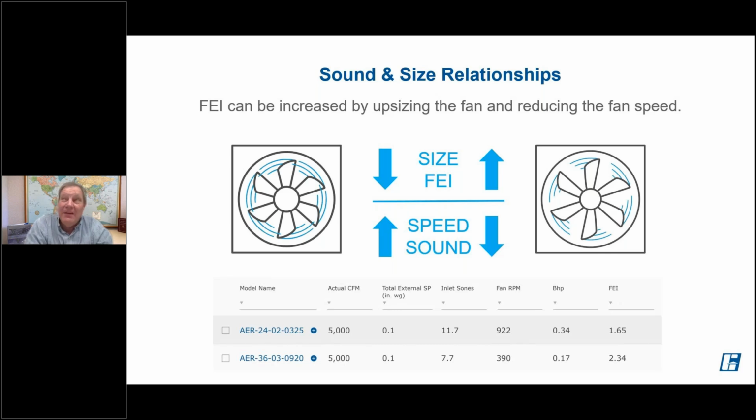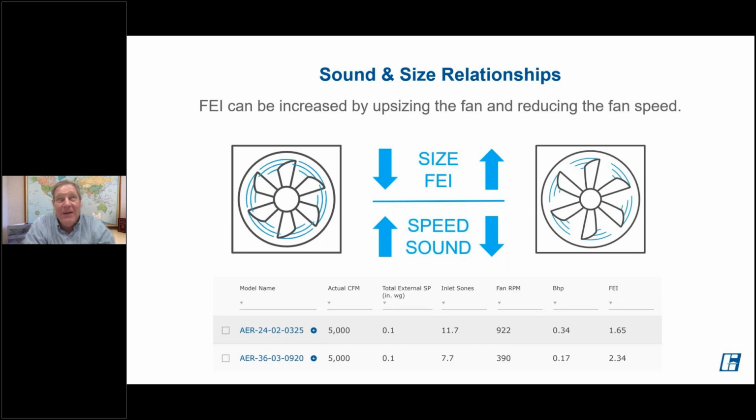Actually, an easier way: if you know your electrical input current to that fan, you could calculate your electrical input power by knowing the amp draw of that fan, and you could back into an FEI that way, knowing your flow and pressure.